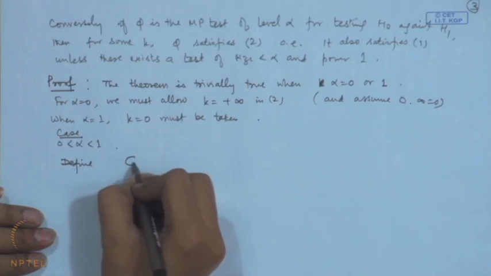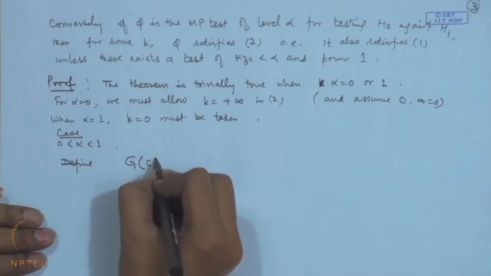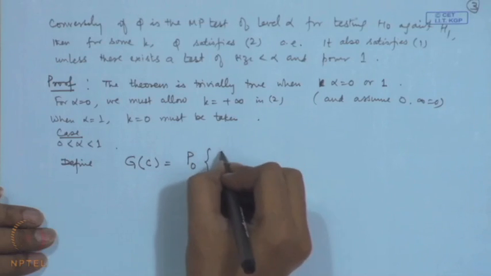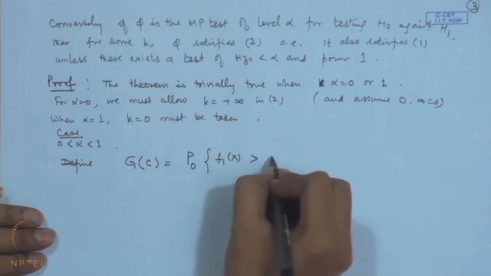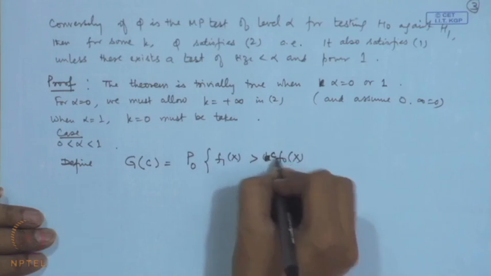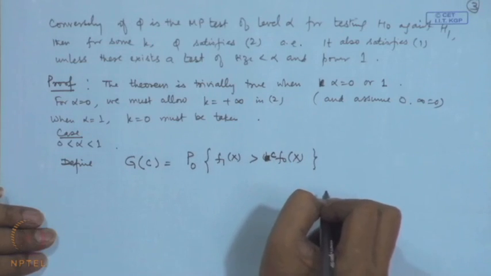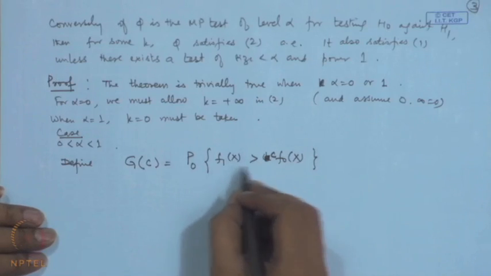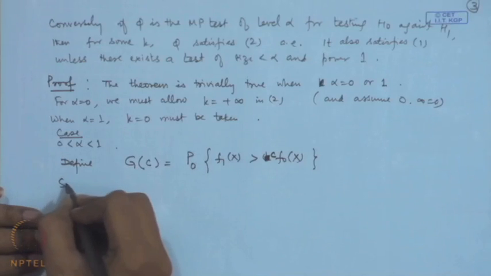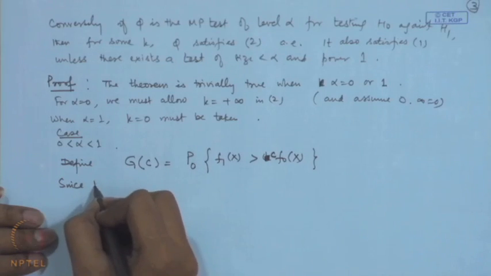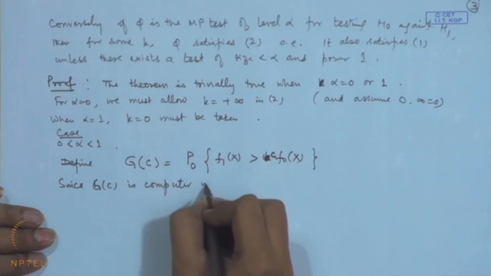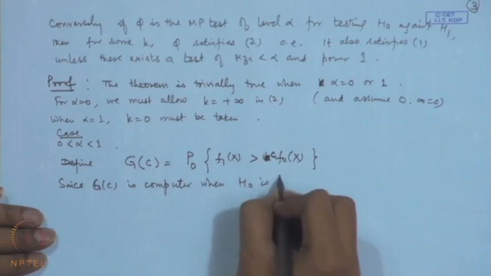a function, say g of c, which is the probability of, say, f 1 x greater than c times f naught x. So, this is under H naught, since g c is computed when H naught is true.